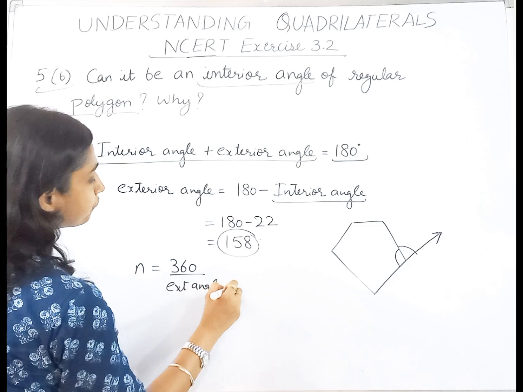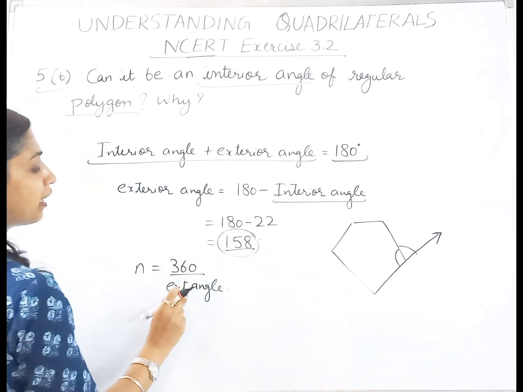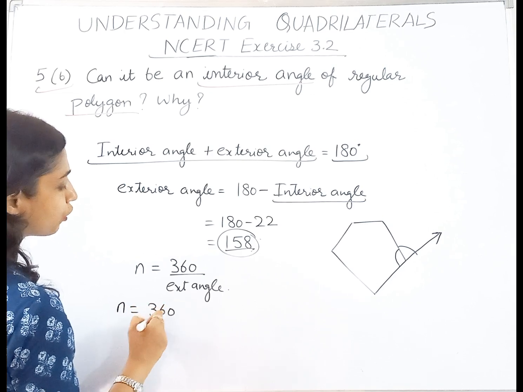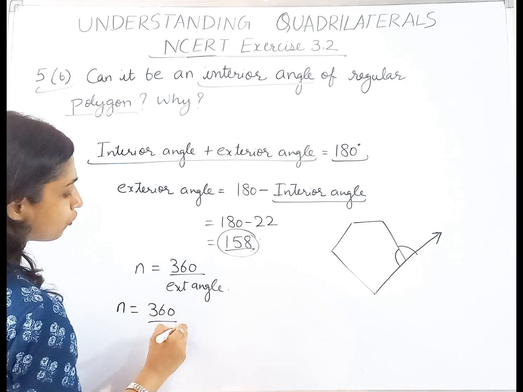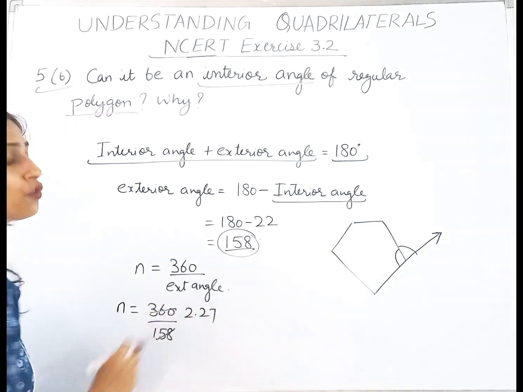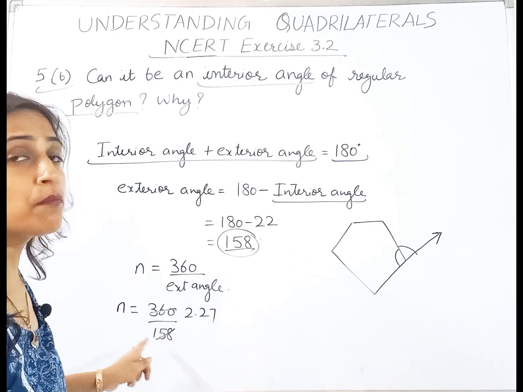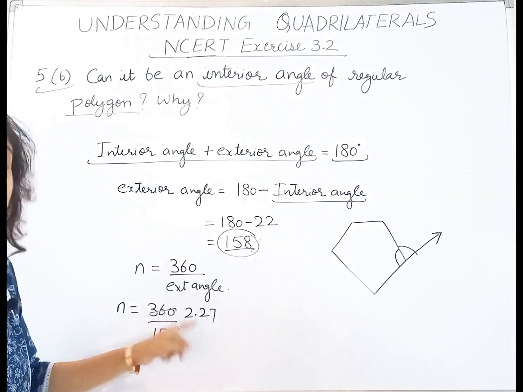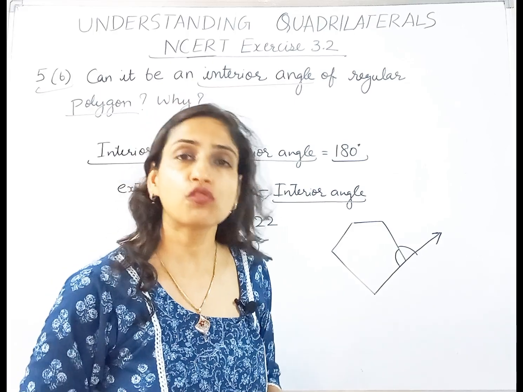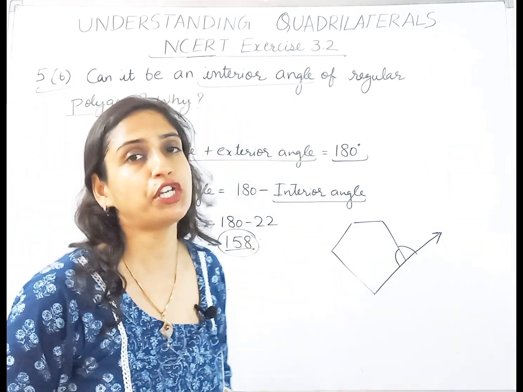If we put the exterior angle 158 in this formula, then the value of n comes out to be 2.27, which is again not a whole number. So the value of n, the number of sides of the polygon, cannot be equal to 2.27. So it is not possible to have a regular polygon whose interior angle is 22 degrees.